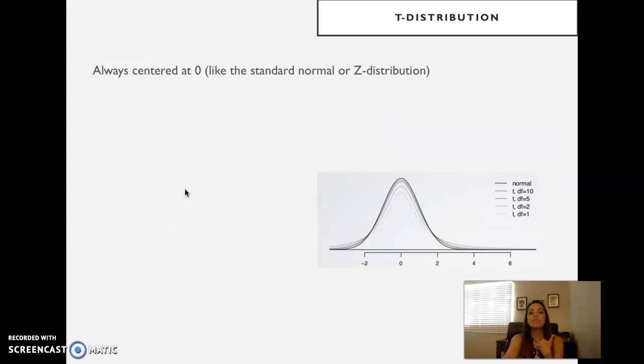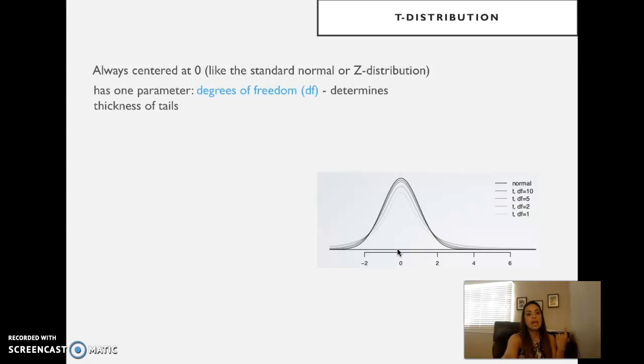Now, like the z-distribution, the standard t-distribution is always centered at 0. It has one parameter, degrees of freedom, that determines the thickness of the tail. And what is the degree of freedom? How is it calculated?